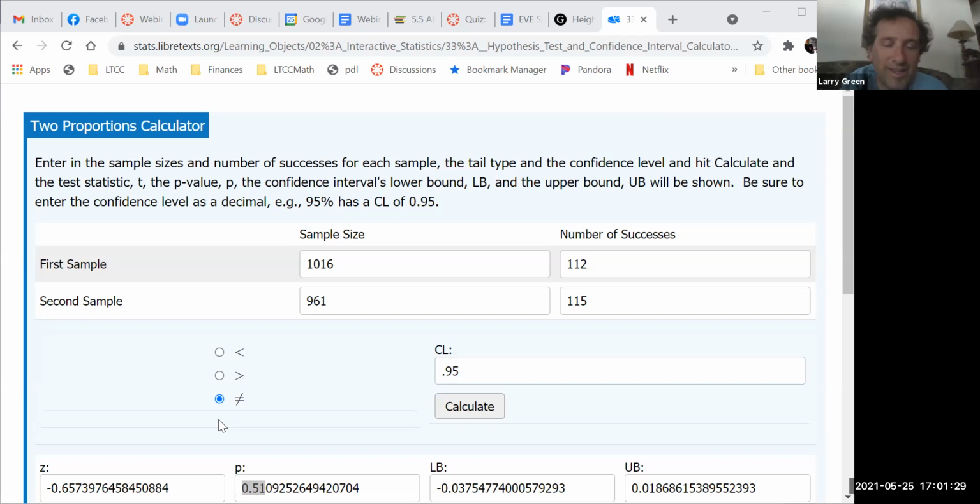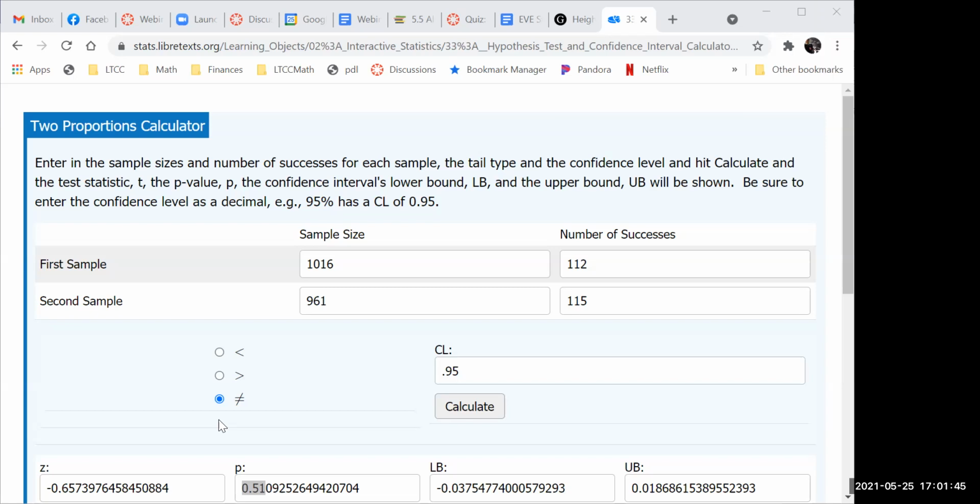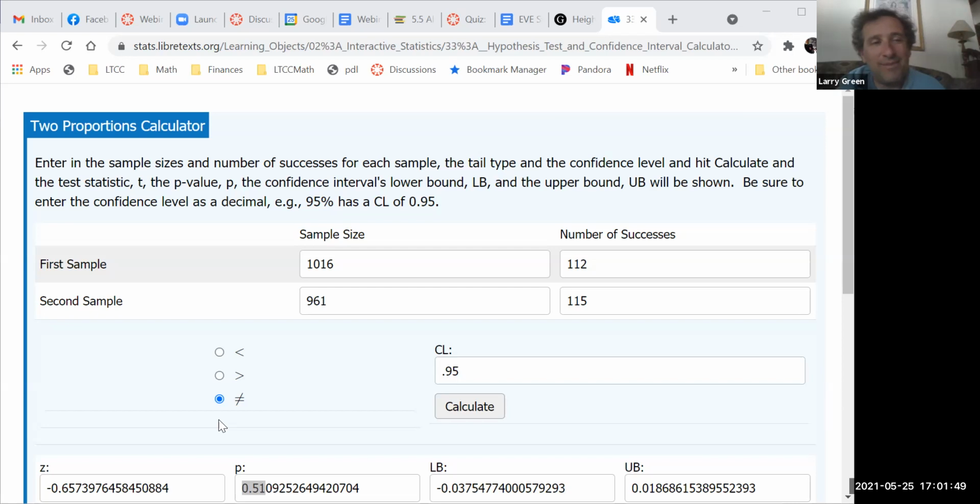Any thoughts? You can at least guess. Will this calculator work for our example right now? Yes. That's a good guess, but we're not looking at proportions.